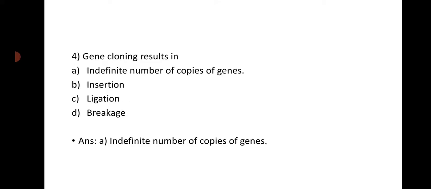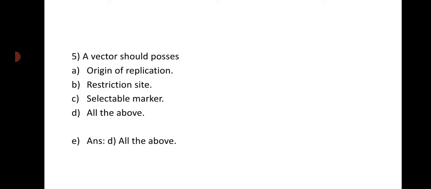Then gene cloning results in indefinite number of copies of genes, insertion, ligation, breakage. Answer is gene cloning results in indefinite number of copies of genes. A vector should possess origin of replication, restriction site, selectable marker, all of the above. The answer is all of the above. It should have restriction site, selectable marker also.